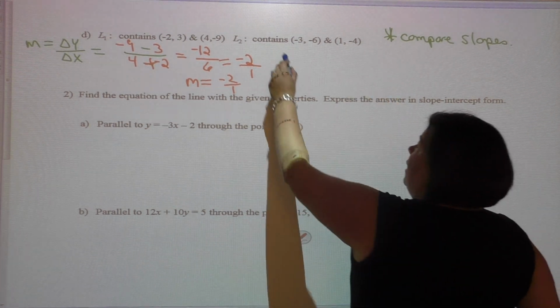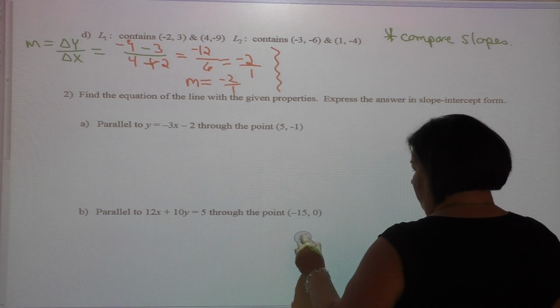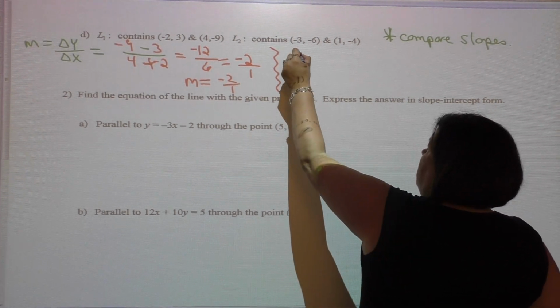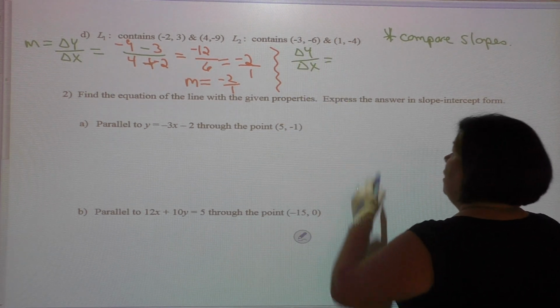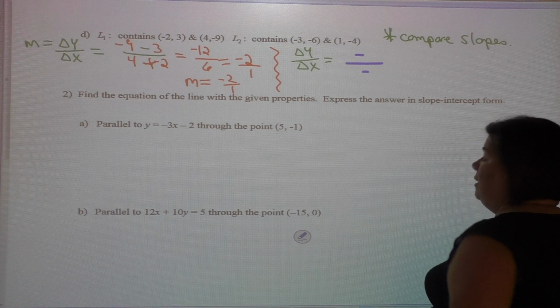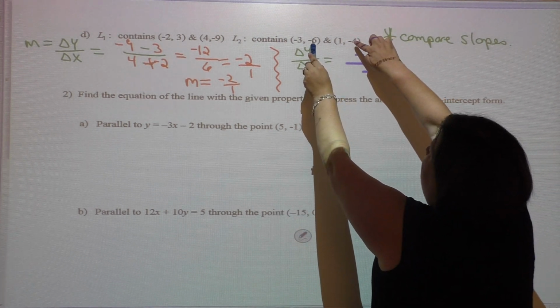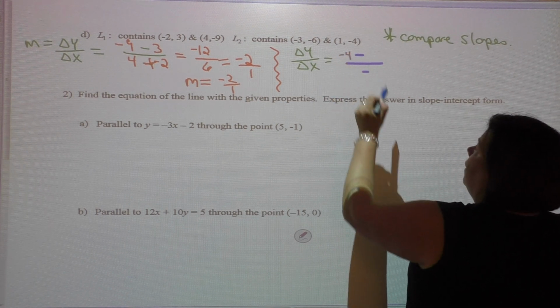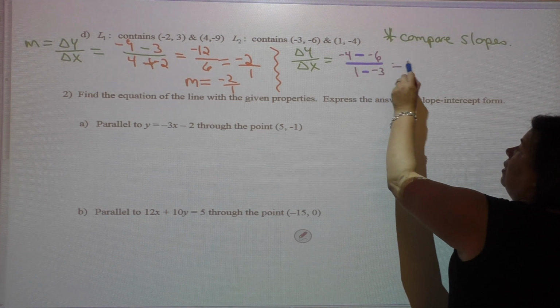Let's compare that to the slope over here using the same formula for slope. Change of y divided by change of x. We know that we're going to have our minus sign there, and from there all we're going to do is fill in our y values subtracted, so negative 4 minus negative 6, and then 1 and negative 3.